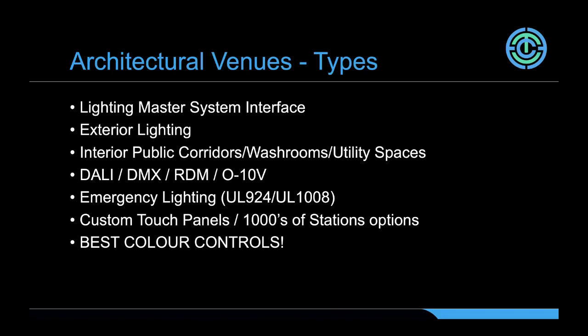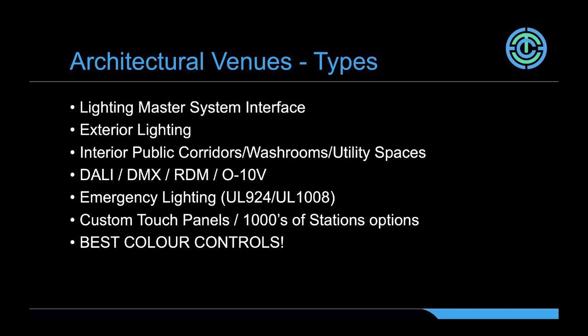The one thing that ETC really puts a lot of passion, effort into, and it shows in the feature sets that are available, is their exterior color control and how they manage color. It's really important when you're dealing with an architectural venue and you're dealing with interior or exterior lighting that are color. There's going to be hundreds of different types of fixtures you're going to need to be able to integrate and control.